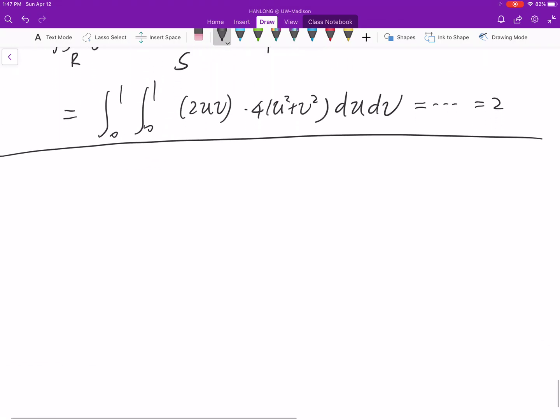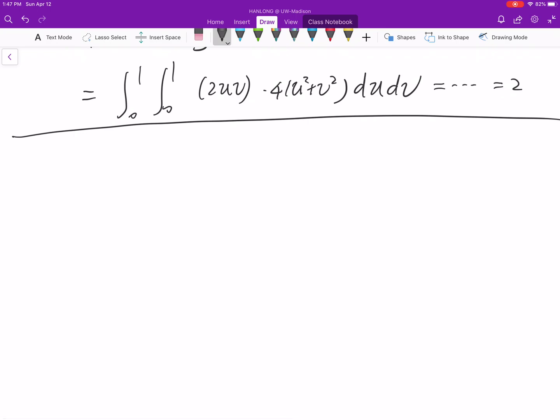Okay, let's do one more example without giving the transformation directly. So suppose you have such a domain. I should say in general, there's no standard rule to have a transformation that guarantees your integral can be largely simplified.